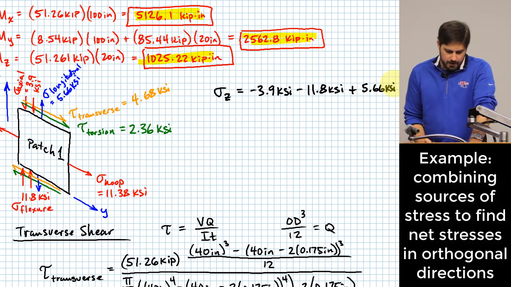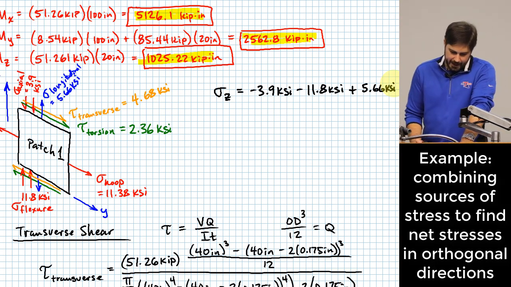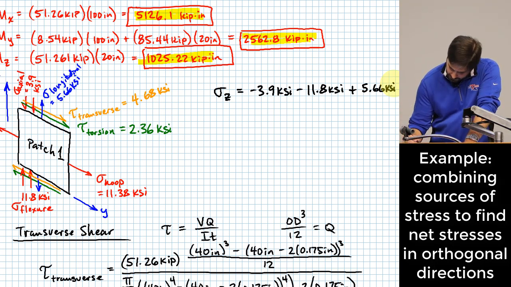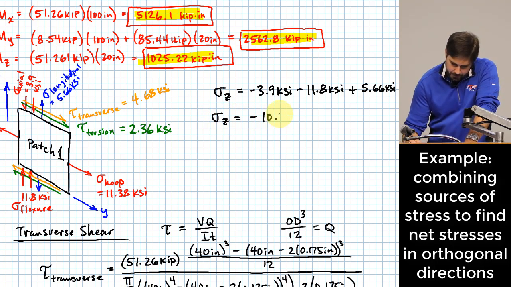Okay. And so that ends up totaling up to a negative 10.05 KSI, keeping just 2 decimal places here.